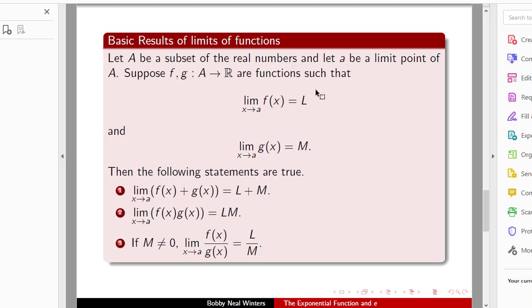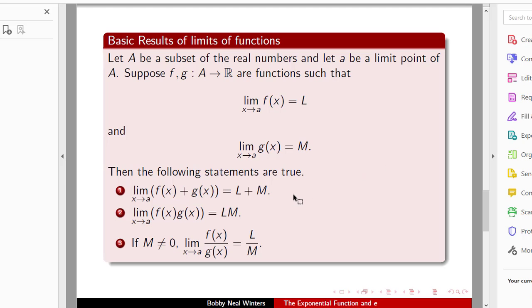Then the following statements are true. The limit as x approaches a of f of x plus g of x is equal to L plus m. The limit as x approaches a of f of x times g of x is equal to L times m. And if m is not equal to 0, the limit as x approaches a of f of x over g of x is L divided by m.